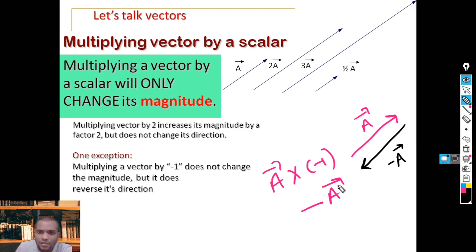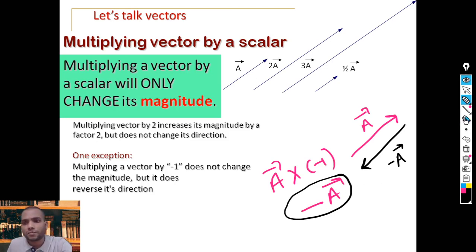A vector's magnitude can never be negative. If it shows a negative sign, it means it reverses its direction. So whichever vector is represented as a negative vector, it means its direction is opposite.